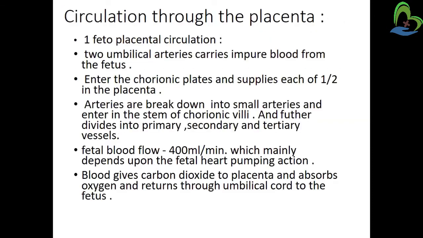Okay, so what is the fetal circulation? Two umbilical arteries carry impure blood from the fetus. They enter the chorionic plate and supply each part of the placenta.